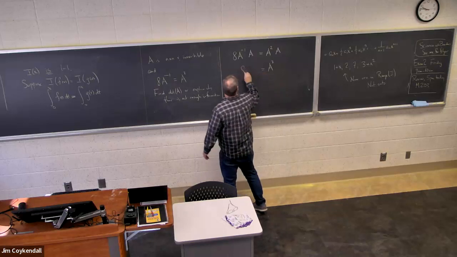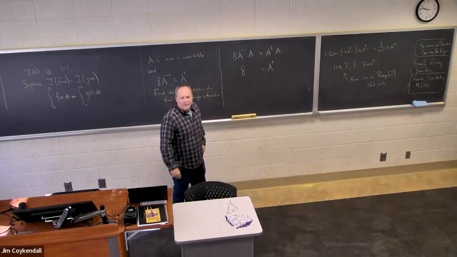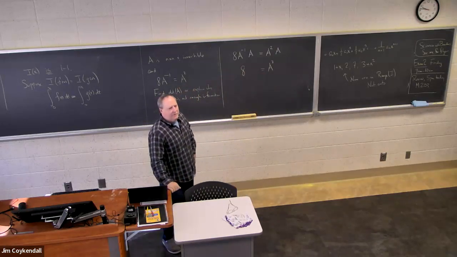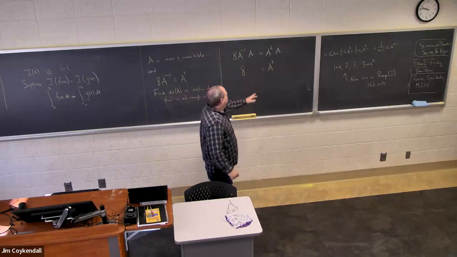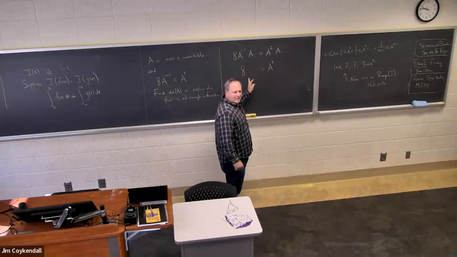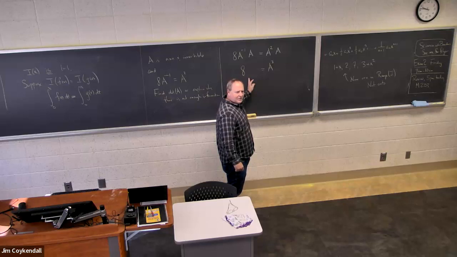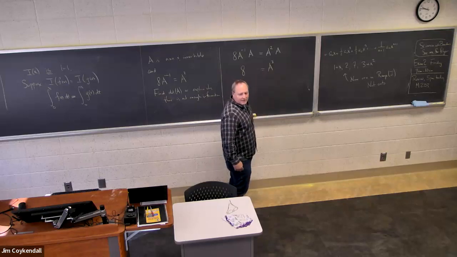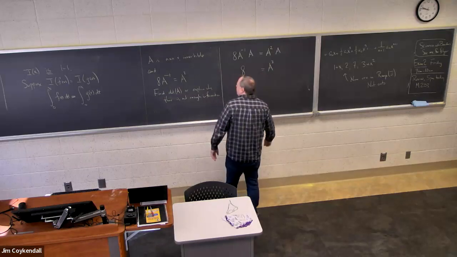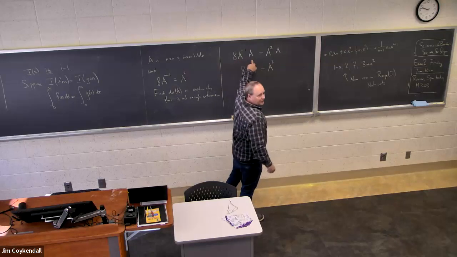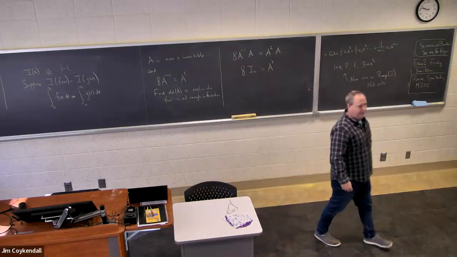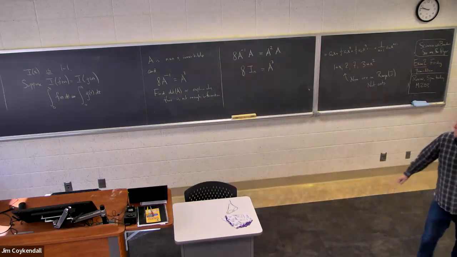I'm tempted to say A. But that equation is ridiculous. Somebody tell me why. That's right. This is a matrix. A matrix cubed is a number? That doesn't really make any sense, does it? Unless the matrix is one by one, right? Then it would make sense. But this is an n by n matrix, so this should be I_n, because A inverse times A is the n by n identity, and that makes me a little bit more comfy.